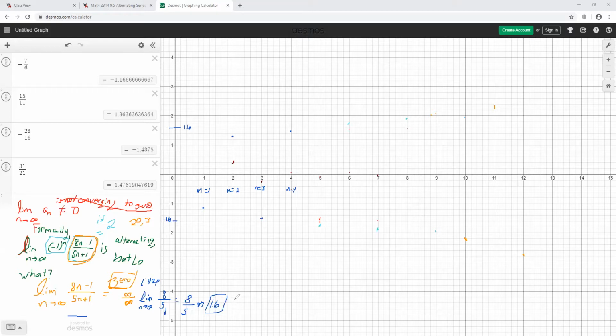So as you go out forever, this alternates closer and closer to negative 1.6 and positive 1.6.